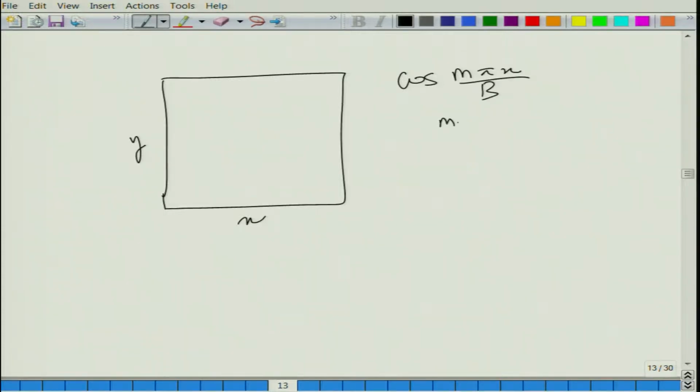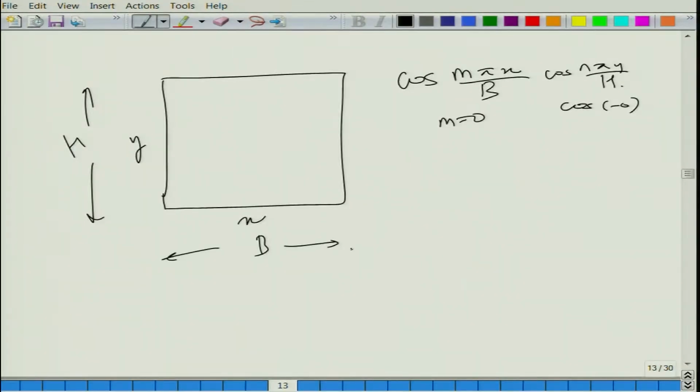When m is equal to 0, this is cos of 0, which is just 1. That is the planar wave mode, something that should come out very nicely, what we discussed a while back. Now, when y is equal to 0, you are going to get this. So, now you get the planar wave mode.